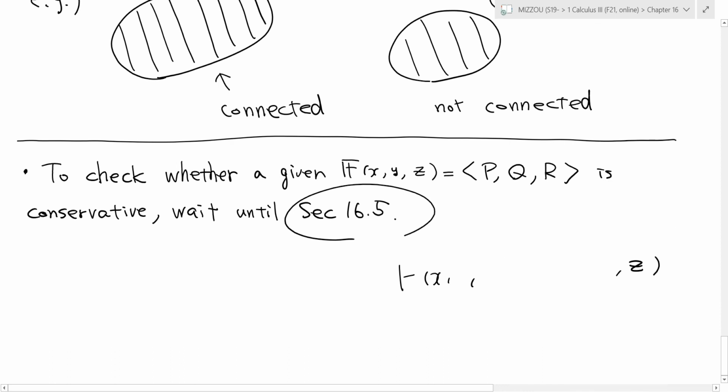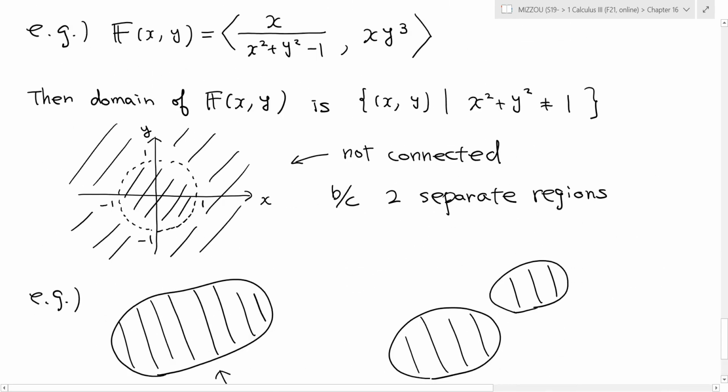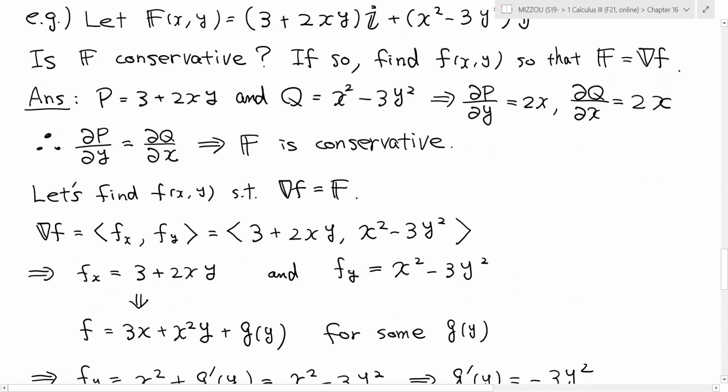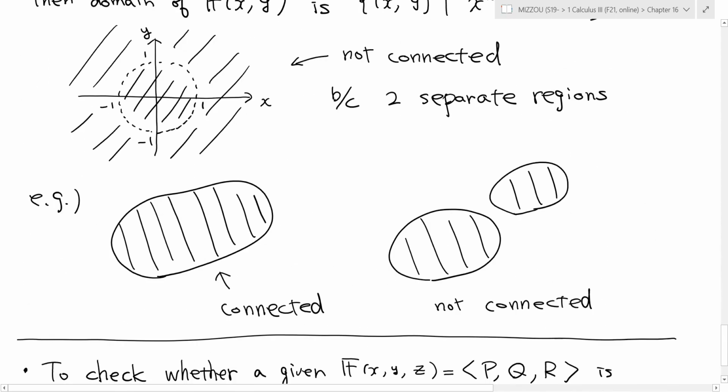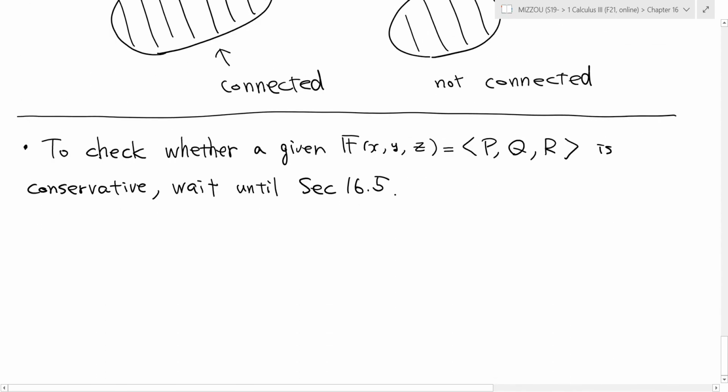However, you could do the analogous problem as this example. Namely, if you know that a vector field is conservative, you can find its antiderivative. So let me just work out one example for this.